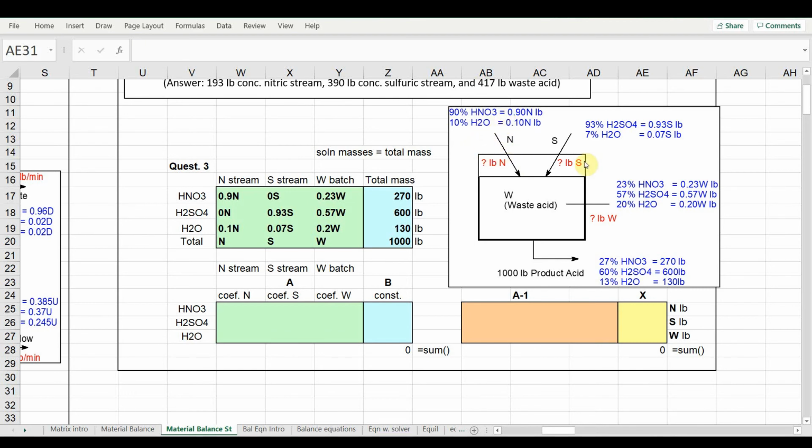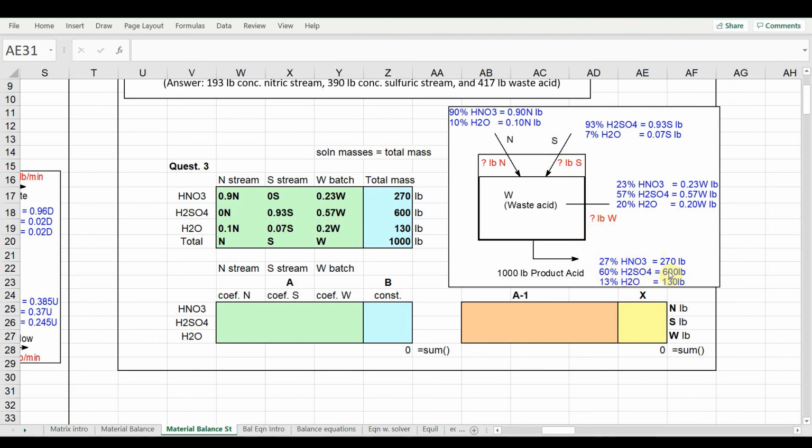The other variable is the weight of the sulfuric acid stream, which I'm calling S. It's 93% sulfuric, that's 0.93 times the weight of sulfuric acid stream. The balance, therefore, is water, 7%, so the amount of water delivered here is 0.07 times the mass of the sulfuric acid stream. So these three quantities combined together will give us 1,000 pounds of this composition.